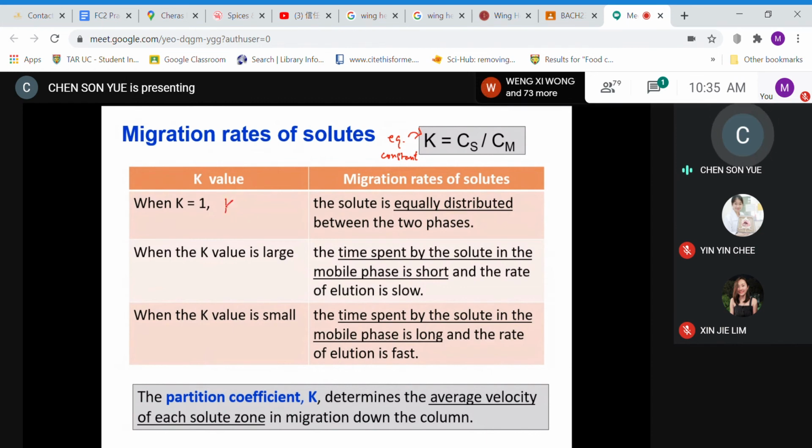And this K is equal to CS over CM. When it's equal to 1, it means that the concentrations of the sample in the stationary phase and mobile phase are equally distributed.